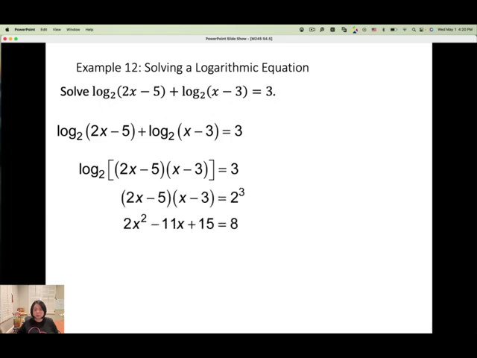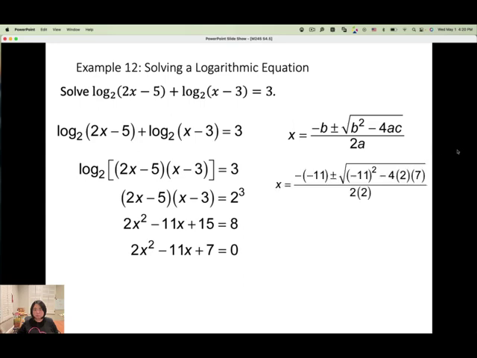Distribute it, combine the like terms, factor out. This time we're going to use the quadratic formula. So plug it in. You should get x equal to 11 plus or minus square root of 65 over 4.